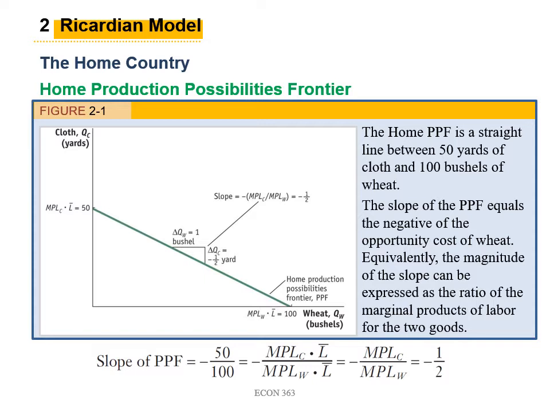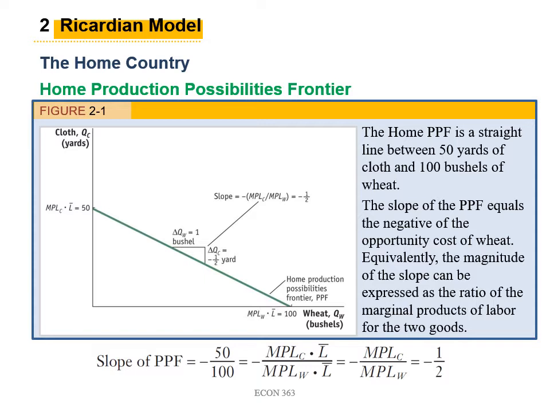Very simple. We put cloth on the vertical, we put wheat on the horizontal. If you put all of your workers into producing cloth, they can produce the maximum amount of cloth, which is 50. If you put all of your workers into producing wheat, you can produce 100 bushels of wheat.